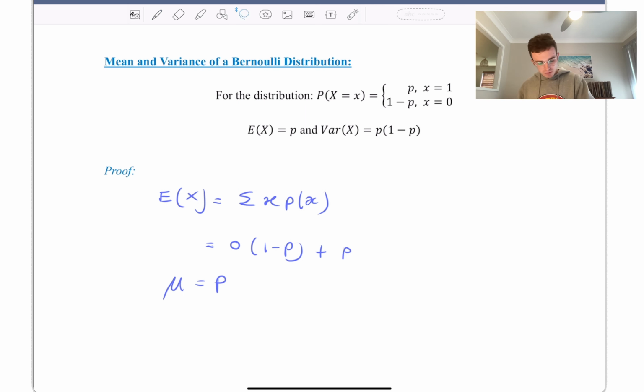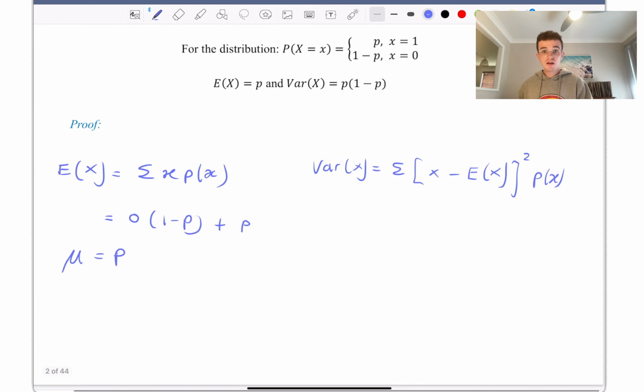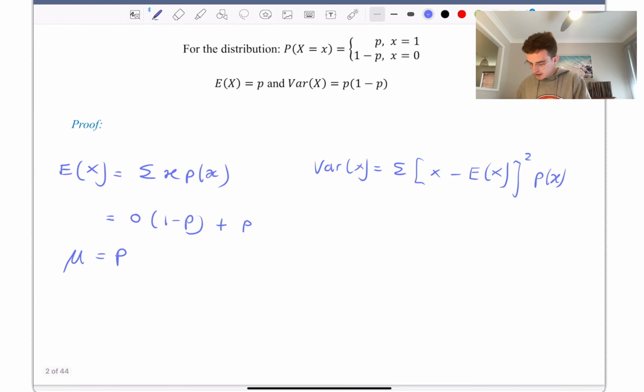Now the variance formula, if I just move this over to here, the variance of X, the formula is the sum of x minus E of X, squared, times p of x. So that's our formula for variance you would have seen in Advanced. So 0 minus p, squared, times 1 minus p.